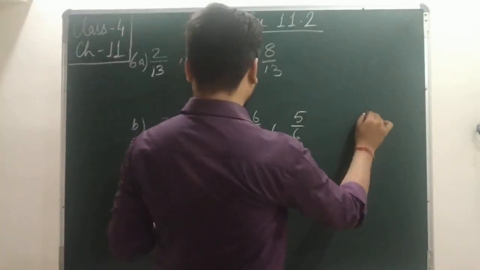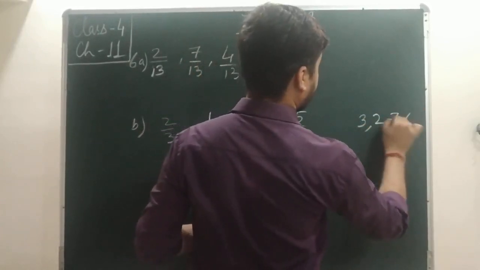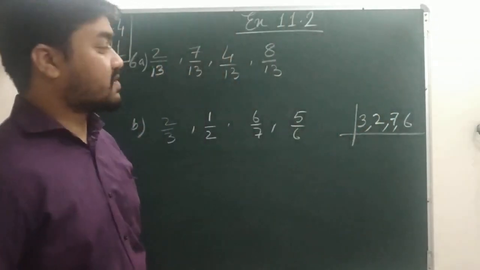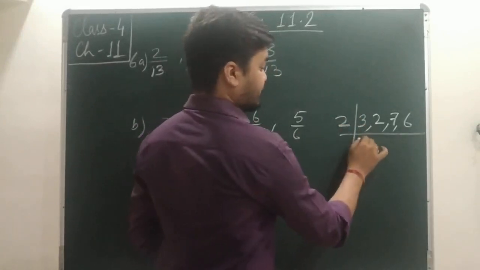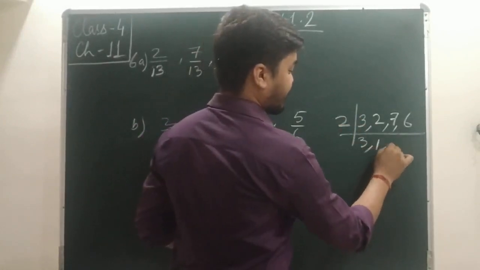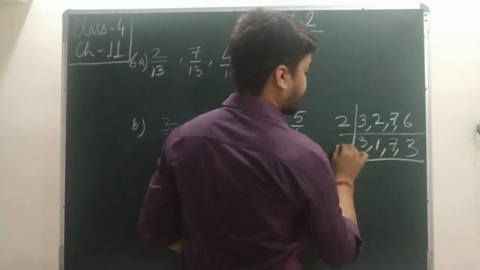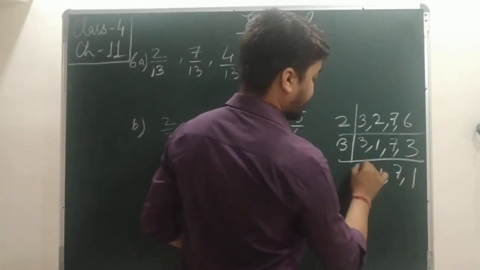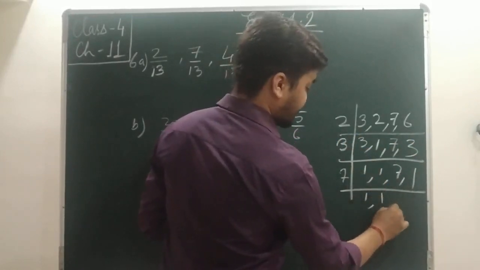Okay, 3, 2, 7, 6. First, let us take with 2. This will remain as 3, 1, 7 and 3. Next, with 3 we will do. Lastly, we will do with 7.